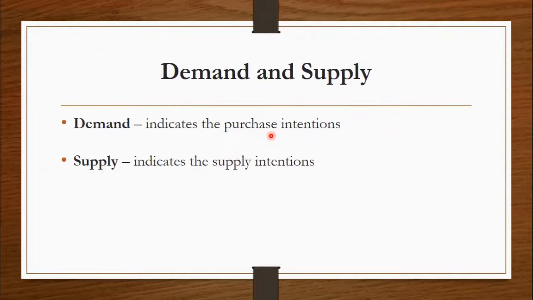It determines the ability of the buyers to be able to buy a certain product, or it shows their willingness or capabilities to consume a certain product, while the supply indicates the supply intention. So this side already pertains to the supplier. Does the supplier have the ability and capability to give what the consumer needs, or the demands of the consumers? So that is basically what demand and supply is.